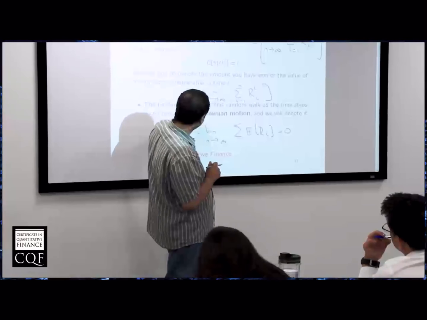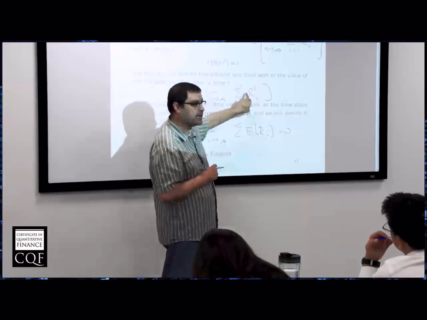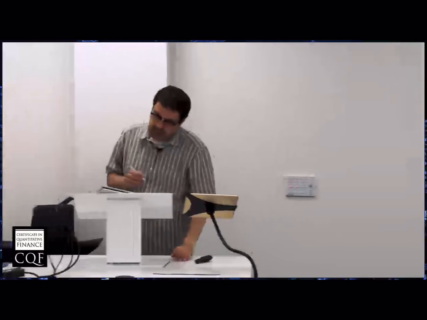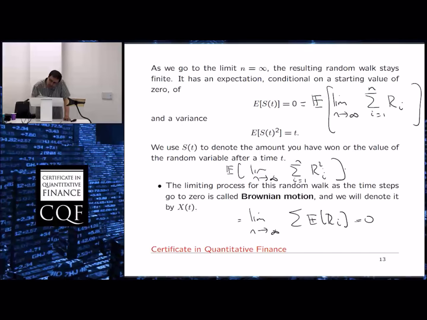If I take the expectation all the way inside, just like we did before, and take the limit out, we get the limit as n tends to infinity of the sum, i equals 1 to n, of the expected value of R_i squared.